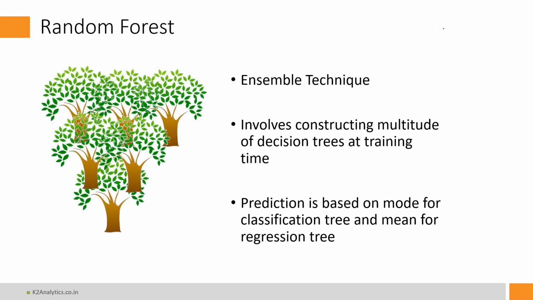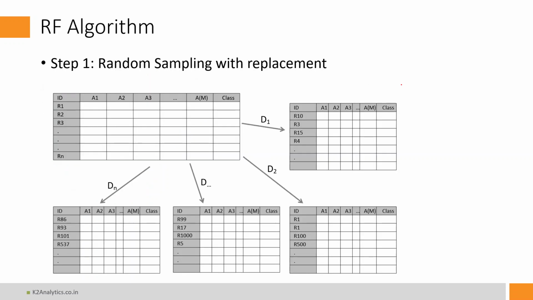Let us now try to understand the random forest three-step process. Step 1 of random forest is sampling with replacement. Here I have shown a data set. What you want to do is pass a parameter saying that I would like to have 21 trees. Now how do you decide whether you want to have 21 trees or 51 trees or 501 trees?